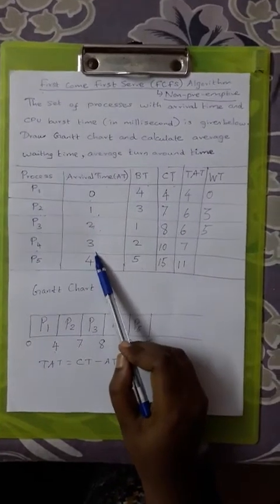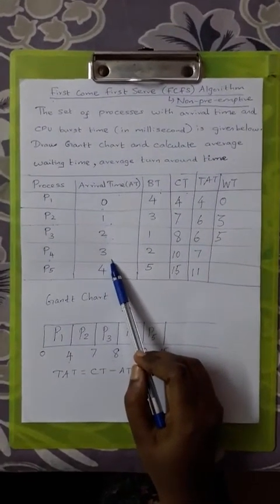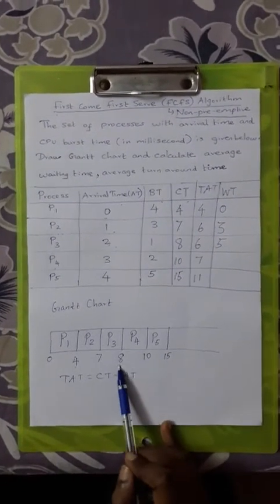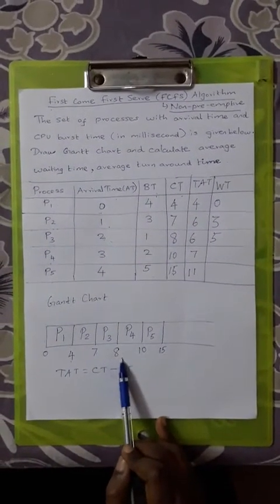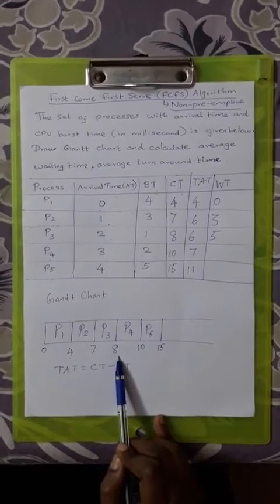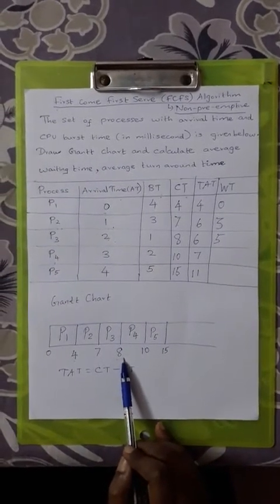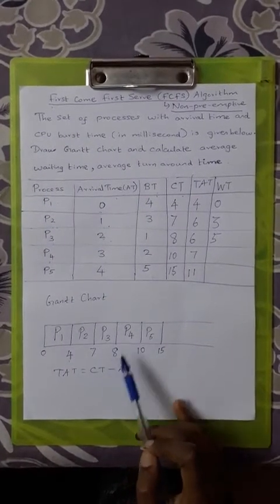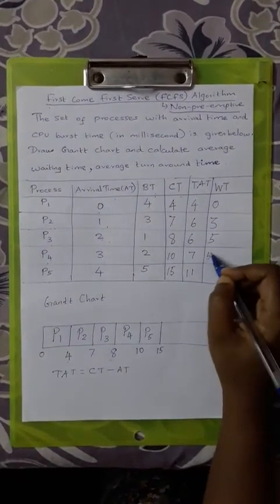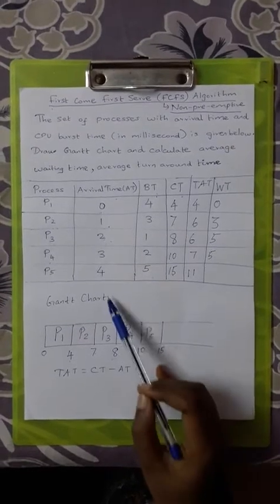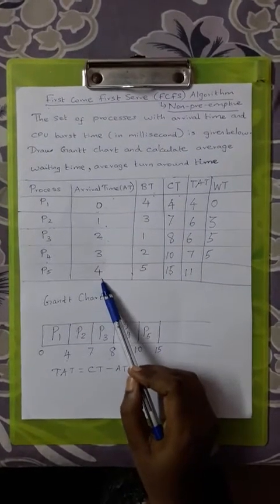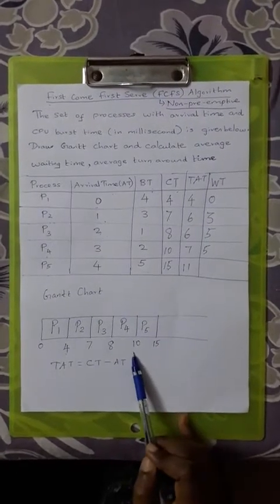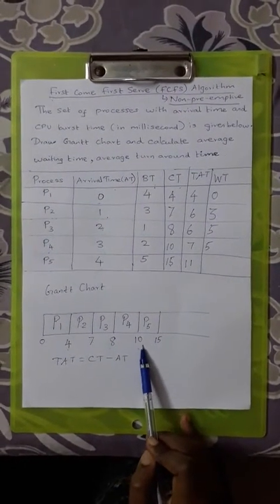Next process P4. P4 arrives the system at 3rd millisecond, but P4 started its execution at 8th millisecond. So the process has waited up to 3 millisecond to 8 millisecond. That is 8 minus 3, 5 millisecond. Then the last process P5 arrived the system at 4th millisecond. This P5 started its execution at 10th millisecond.